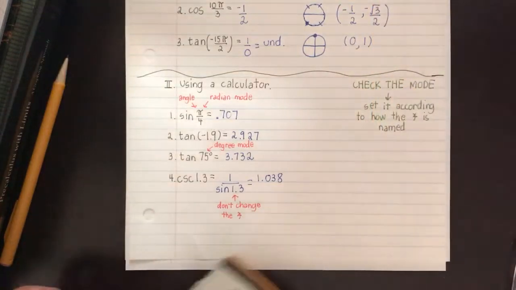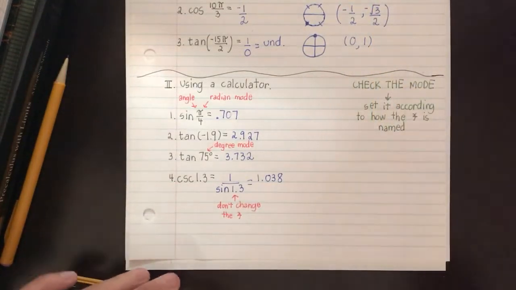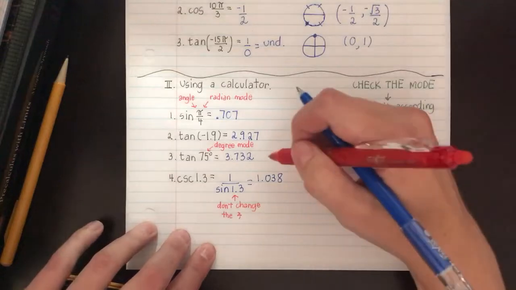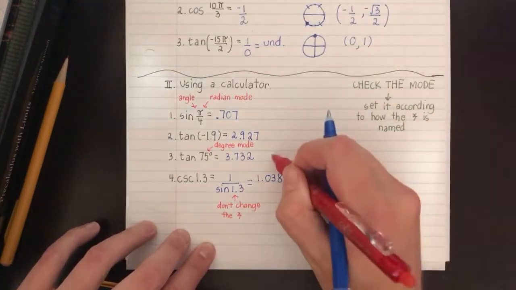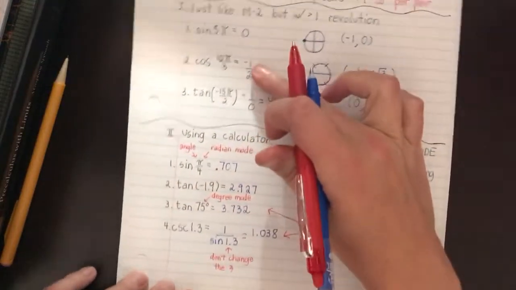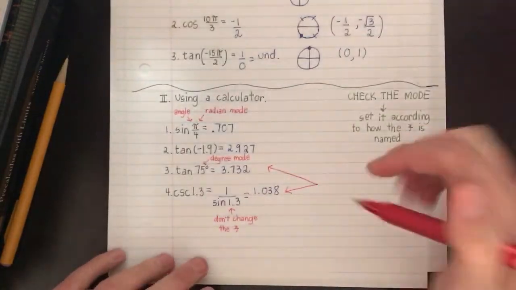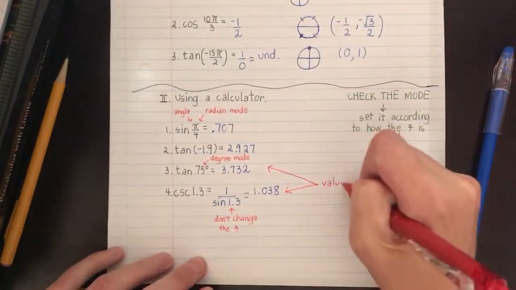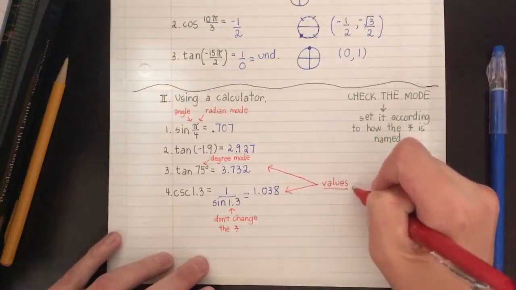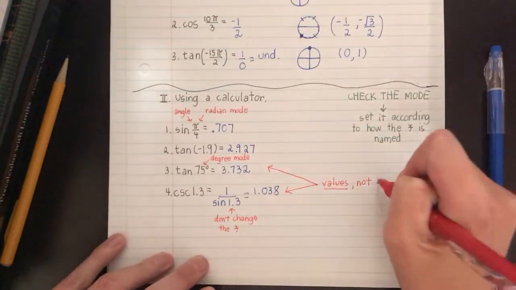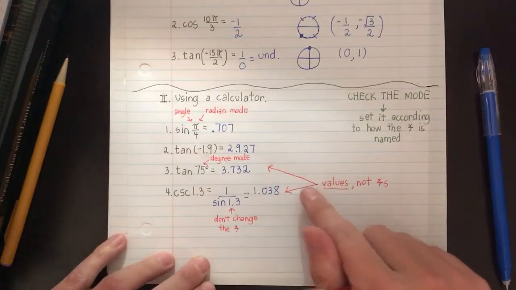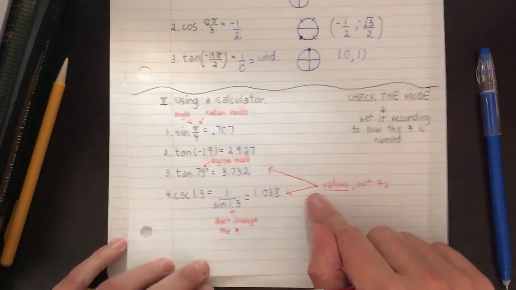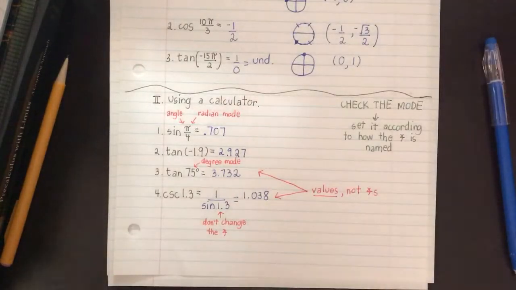A big thing I want you to understand is that the answers you're getting, just like above, are values, not angles. Angles are what's given, either in radian or degree. These are values, so just be aware of that.